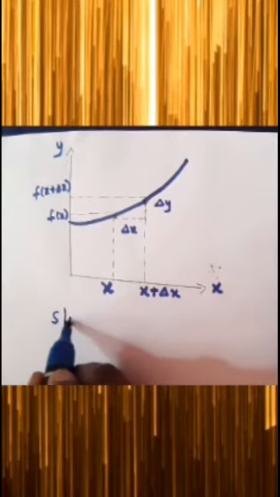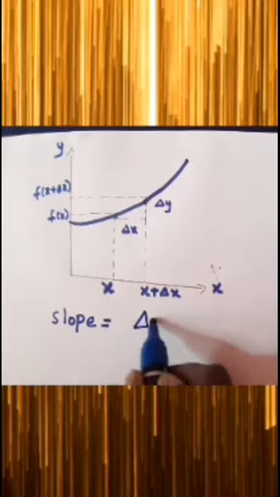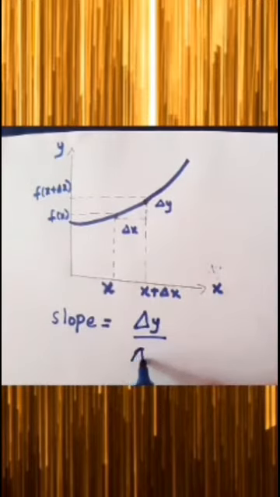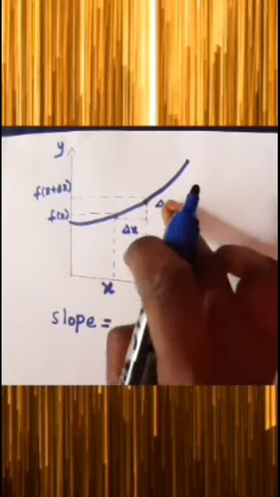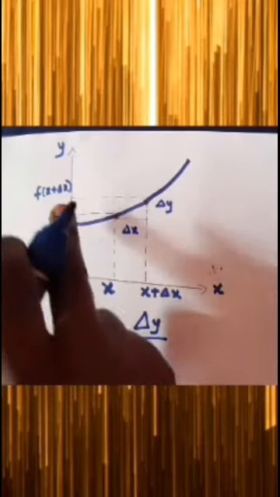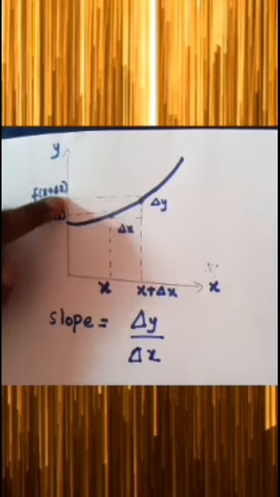Now we'll find the slope. What is the formula to calculate the slope? It is delta y by delta x, or dy by dx. Both are correct. So what is delta y? This length is your delta y.